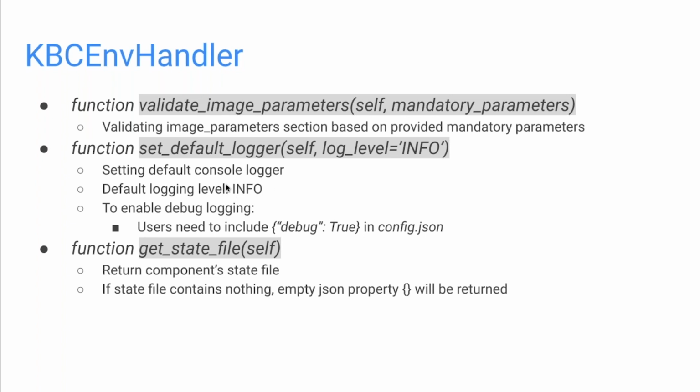If you want it to be debug, then this is where you're going to define it. Then get state file. If the user hopes to get the state file from the input mapping, this will be a good function for you. It will return a dictionary with the properties in there.